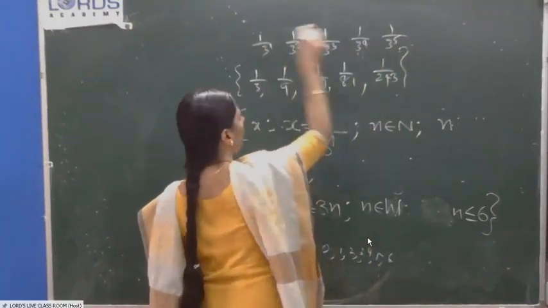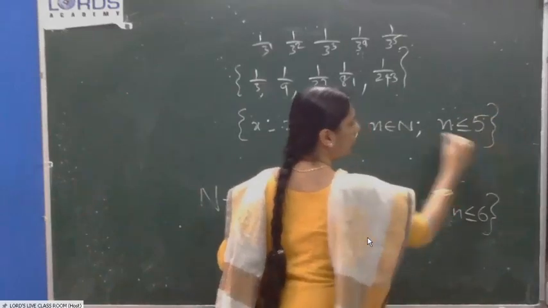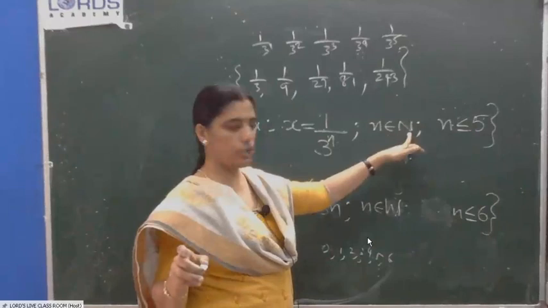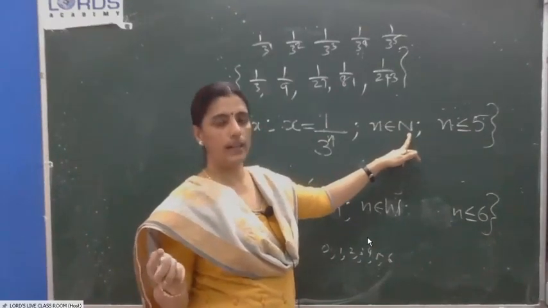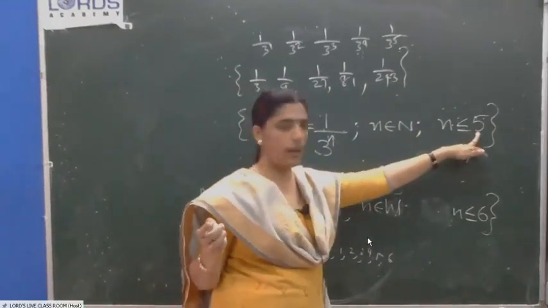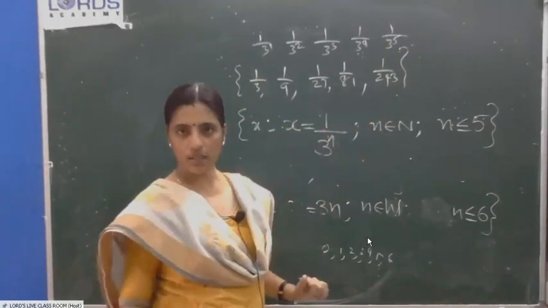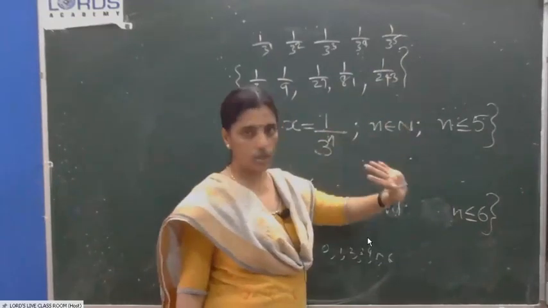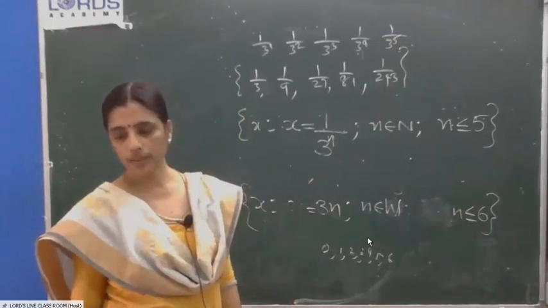So 1 to 5, less than or equal to 5. Left side 1 I am not writing because it's understood. N belongs to natural numbers means it starts from 1. But don't exceed 5. After 5 you have to stop. Only those numbers. 3 raised to 6 is not there. Till 3 raised to 5, 243, but next number is not there. So n is less than or equal to 5. Is it clear?